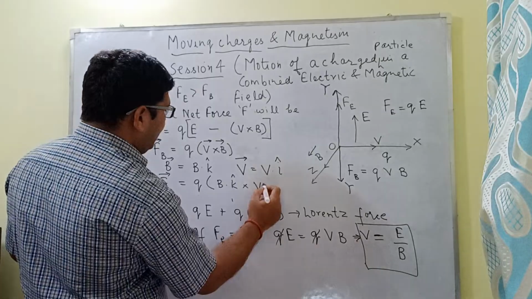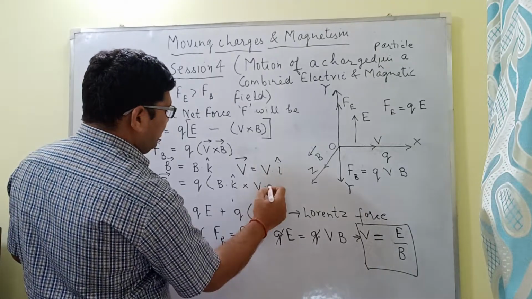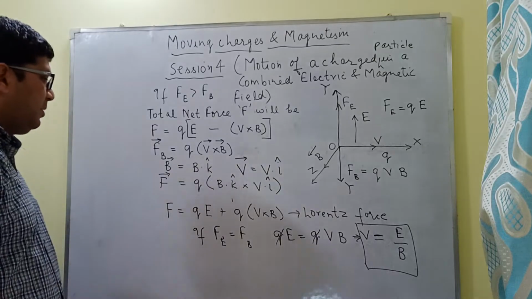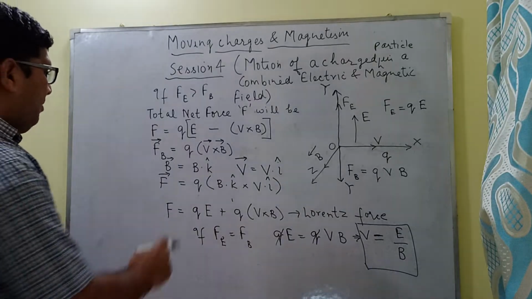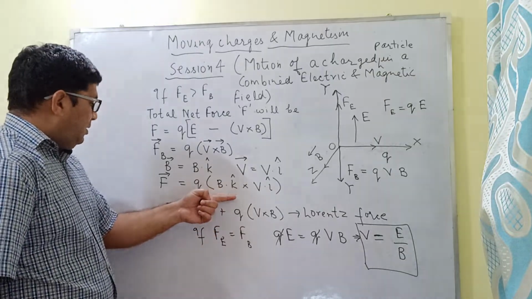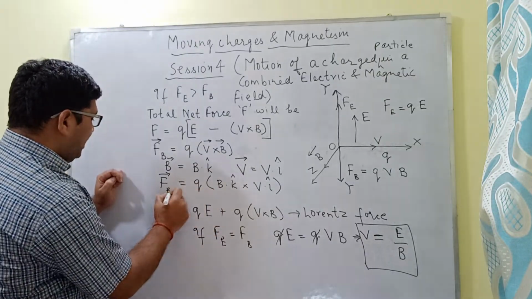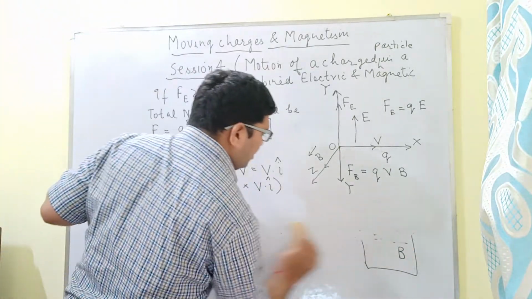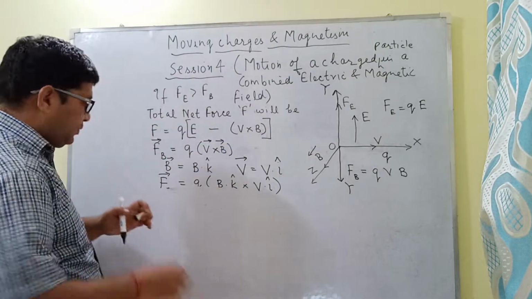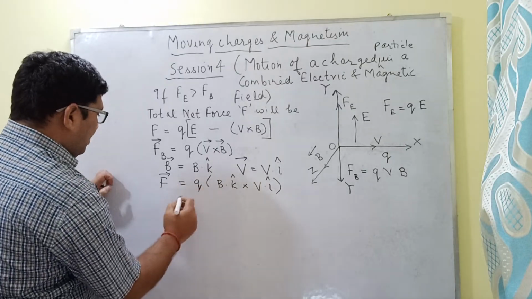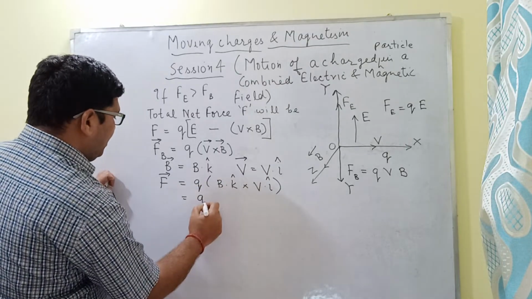V का हो जाएगा v into I cap, ठीक है ना? So ये हमारा हो गया. This is the magnetic force, and I have written it in the vector form. So ये क्या हो जाएगा? This will be equal to Q.